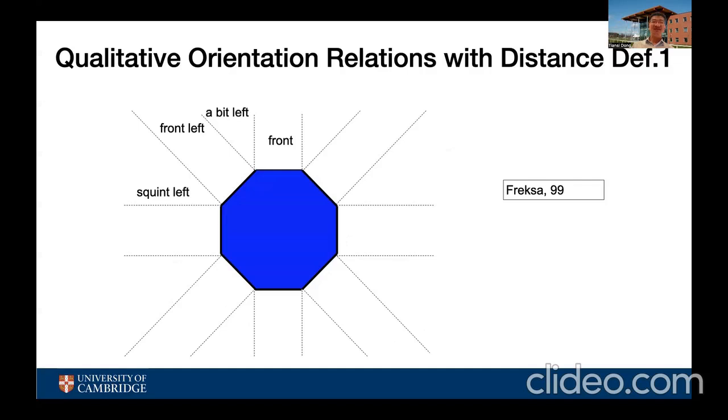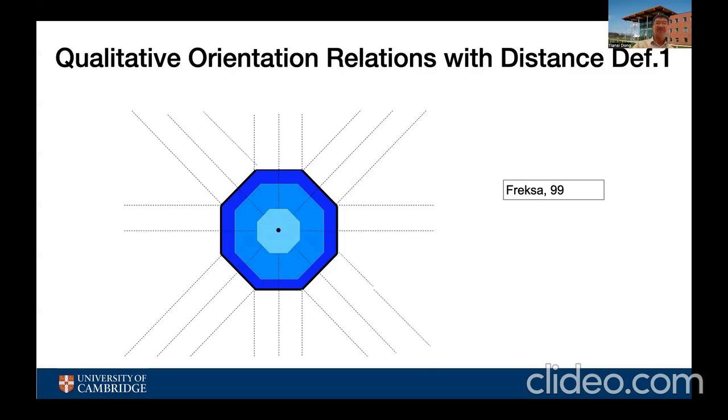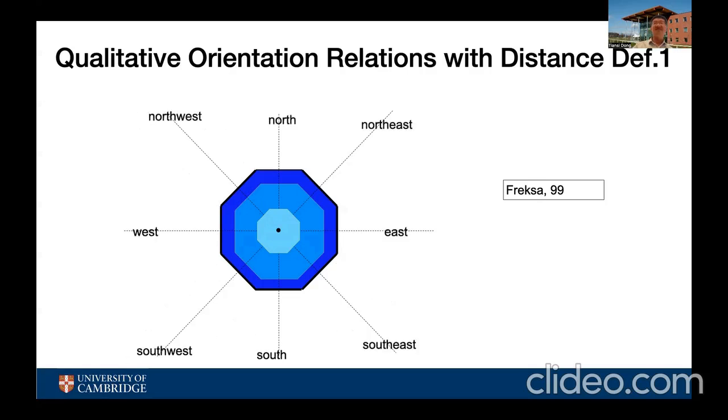If we replace these terms with north, south, west, and then let's say the size of this octagon shrinks to 0, then the space is partitioned into another 8 areas. This is another kind of qualitative orientation framework by Frank in 91.